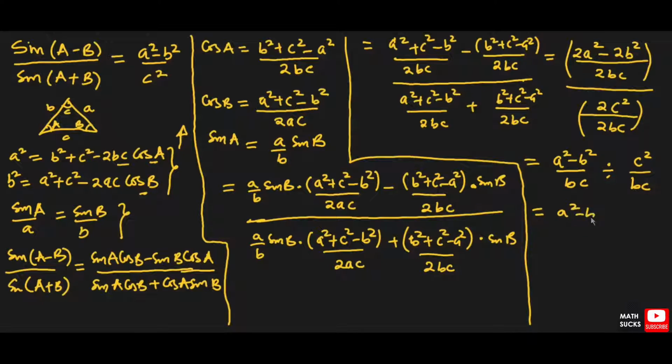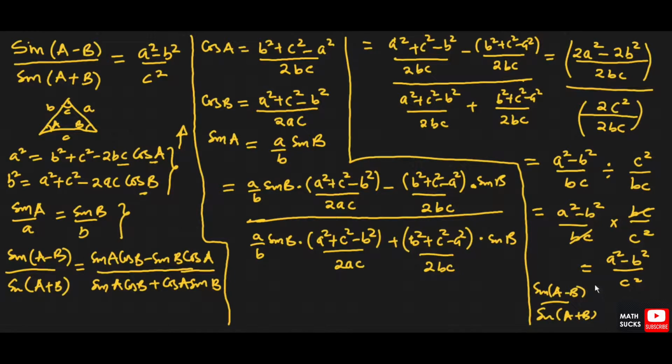So this is A squared minus B squared over bc, then multiplied by bc over C squared. So this goes with that, and then we finally have A squared minus B squared over C squared as being equal to sine of A minus B over sine of A plus B, equals that.